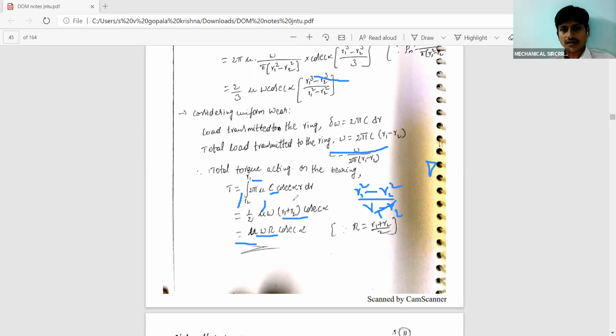So that is half into mu w (r1 plus r2) cosecant alpha. Here capital R is the average radius, R equals (r1 plus r2) by 2. So the value is mu w R cosecant alpha.